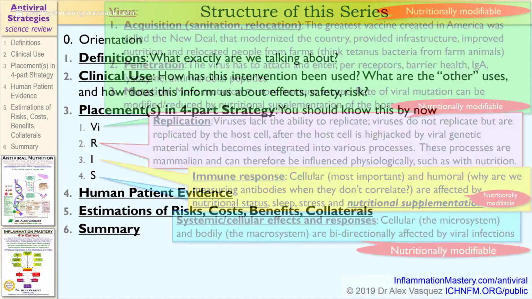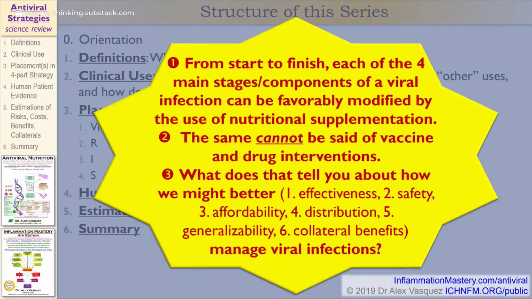So based on this model, from start to finish, each of the four main stages or components of a viral infection can be favorably modified with the use of nutritional supplementation. The same cannot be said of vaccine and drug interventions. So this new model provides us a way to deliver better healthcare, better based on criteria of effectiveness, safety, affordability, availability and distribution, generalizability, and collateral benefits.